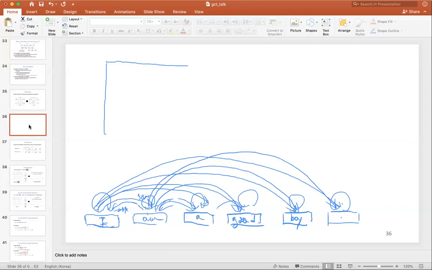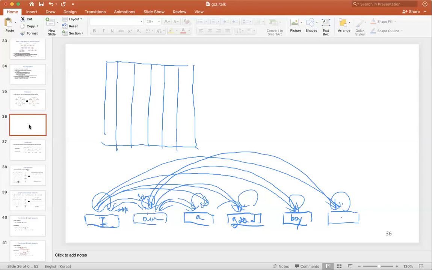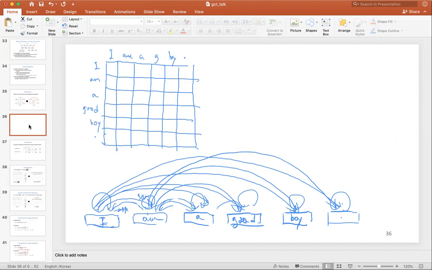So we need 1, 2, 3, 4, 5, 6 columns and rows, and this is "I am a good boy." Right.